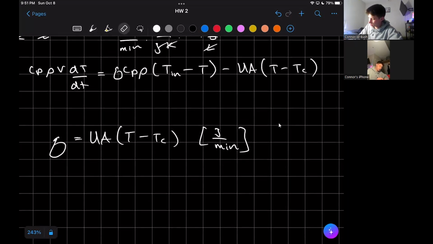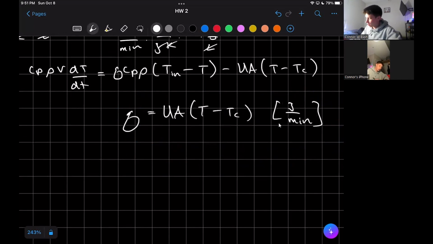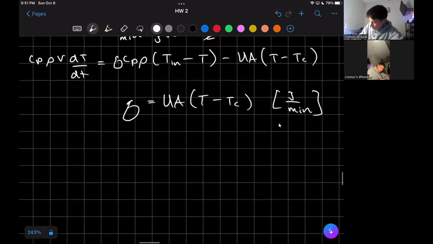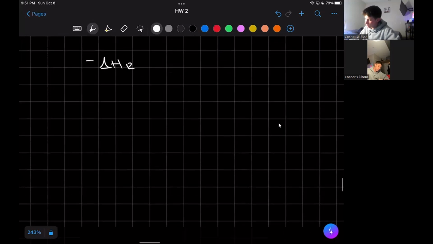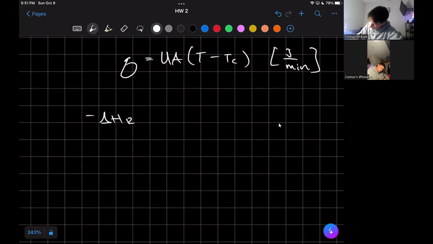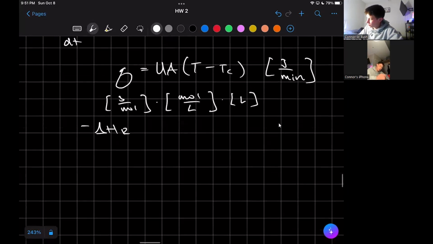And then additionally, since there is a reaction occurring, we have to look at enthalpy. We're given the negative heat of reaction. That's in joules per mole. So if we multiply that by our concentration, mole per liter, and then multiply that by volume, we're left with joules.